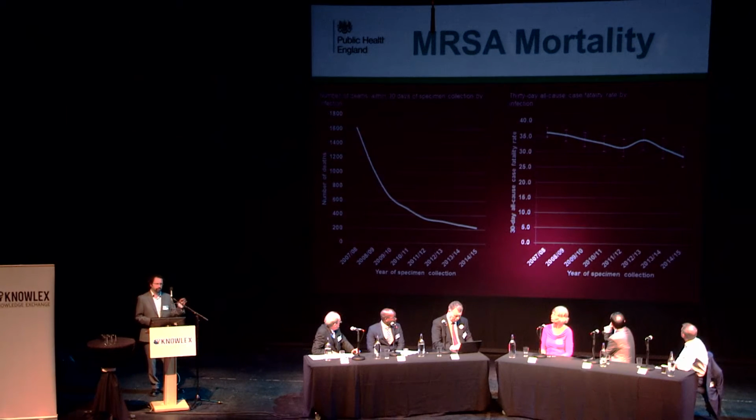And this is all cause, so they're not necessarily dying of the MRSA. But you can see that there is a downward trend there in that case fatality rate. So that's good news. It means that not only are we seeing less infections due to MRSA, but when patients are catching these infections, more of them are surviving.